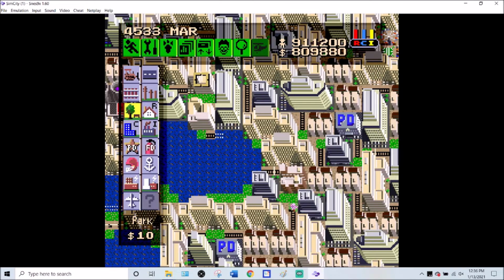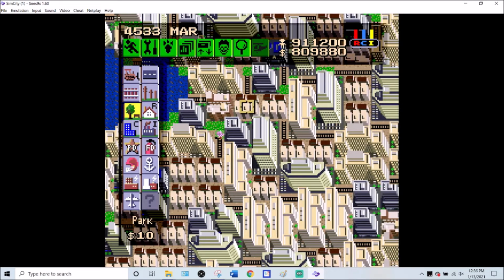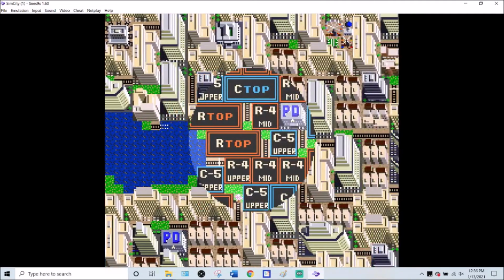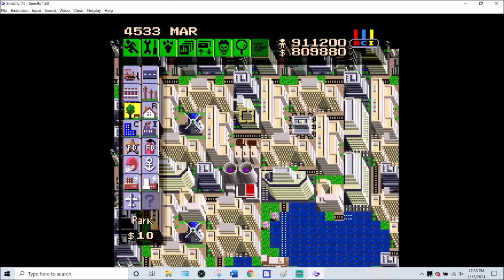Looking in my city again, you will notice different kinds of residential zones. This is an R high. This is an R upper. And this is an R mid. You can even use this magnifying glass to see this. This is a C high.